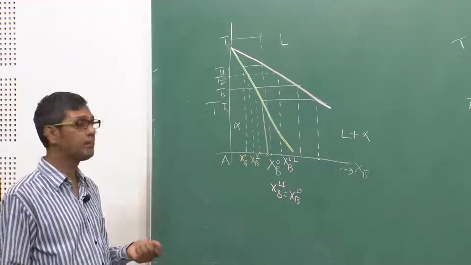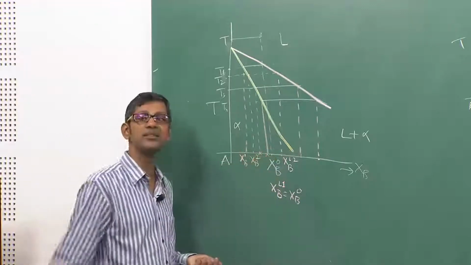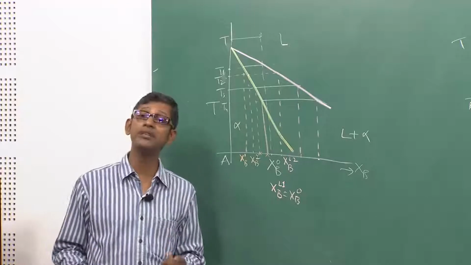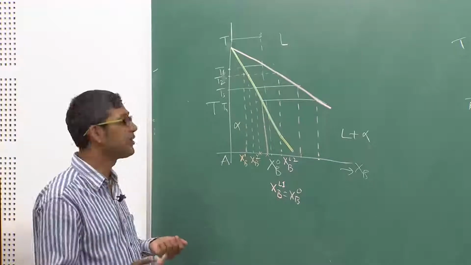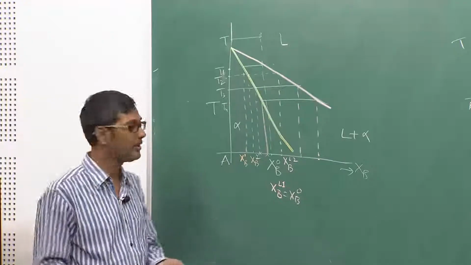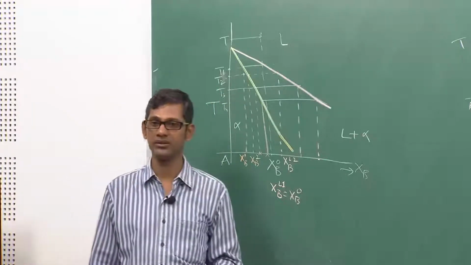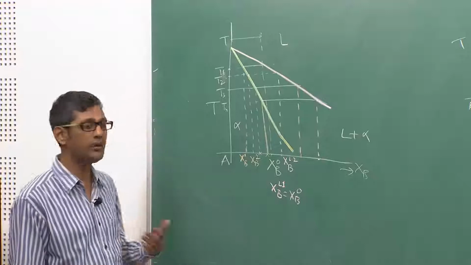But the important aspect is that there is a difference between the solid and liquid compositions, and this happens in equilibrium situations. That means when you are cooling slowly, because this phase diagram is based on equilibrium thermodynamic calculations.